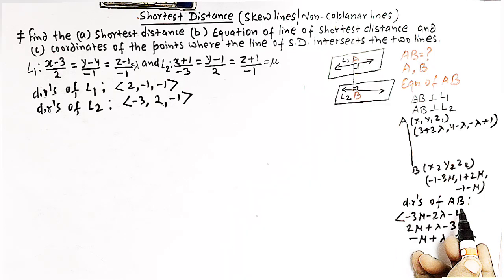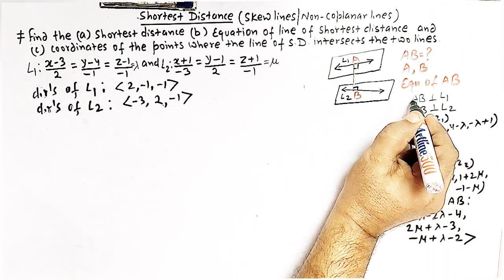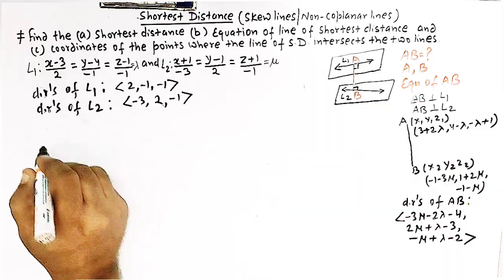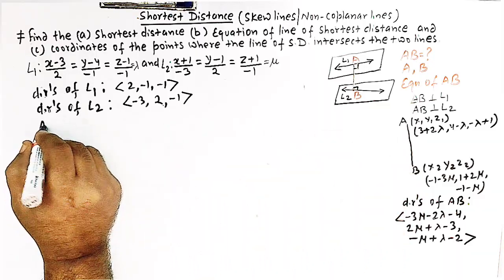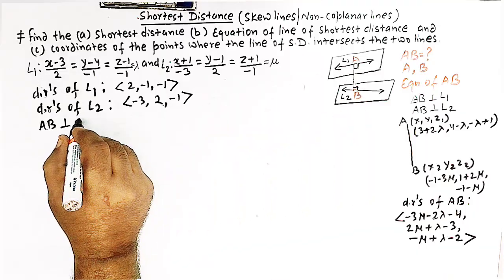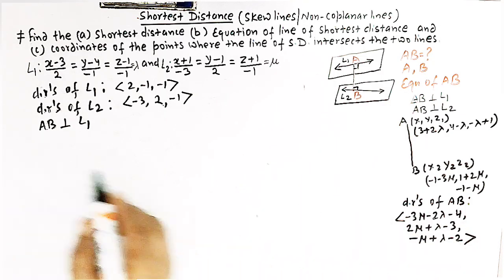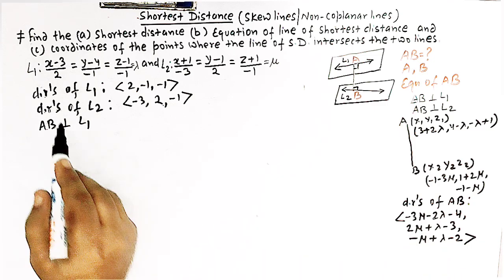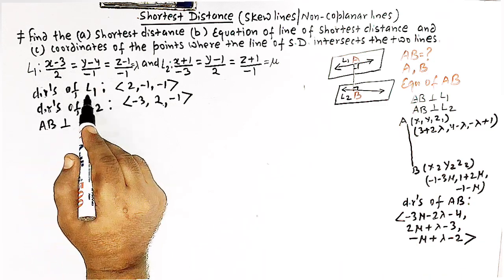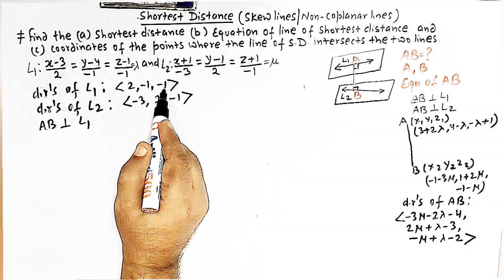And the direction ratios of AB are given by these three numbers. Now we'll apply these two conditions. First, AB is perpendicular to this line L1, right? The direction ratios of AB are given by these three numbers, and the direction ratios of L1 are 2, minus 1, and minus 1.